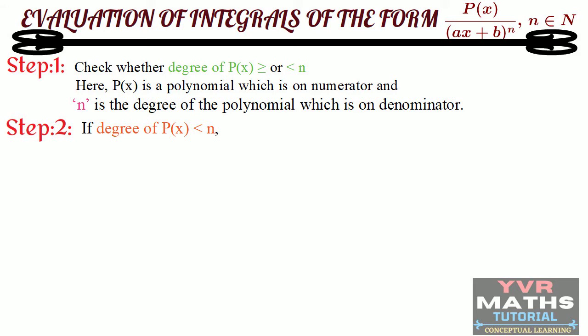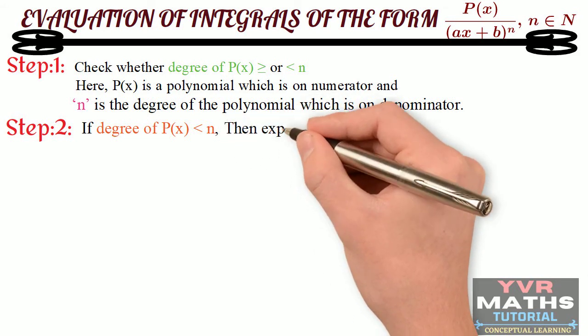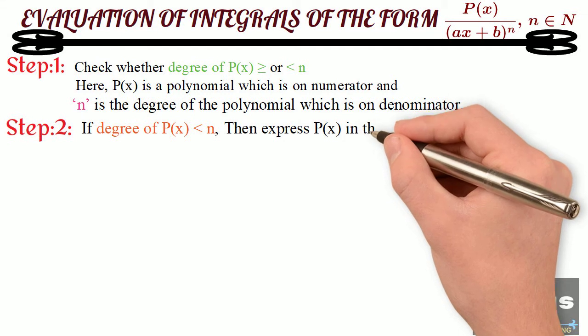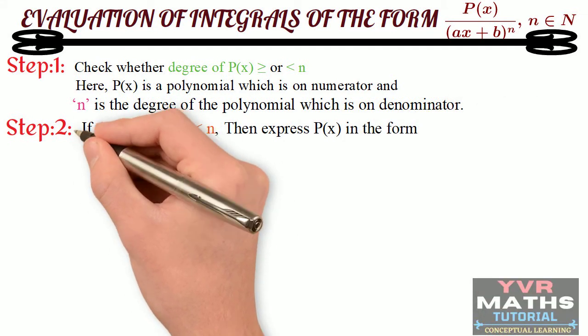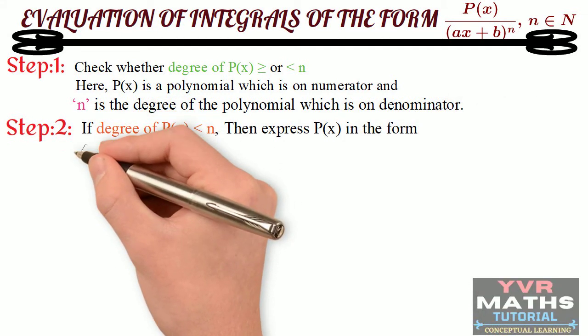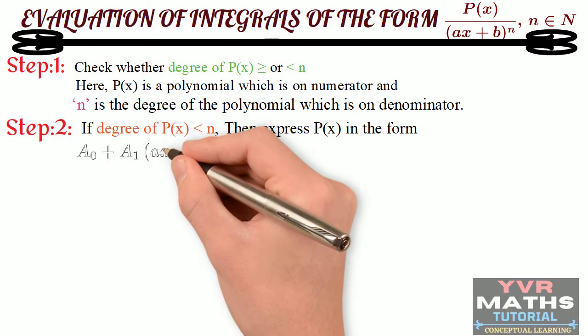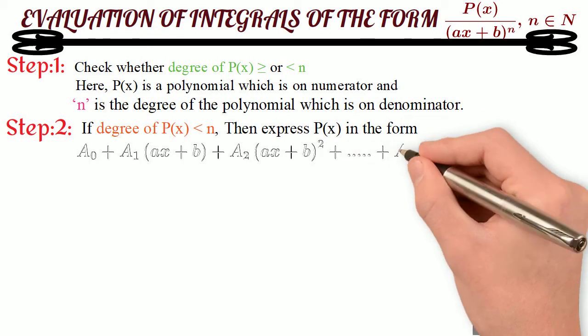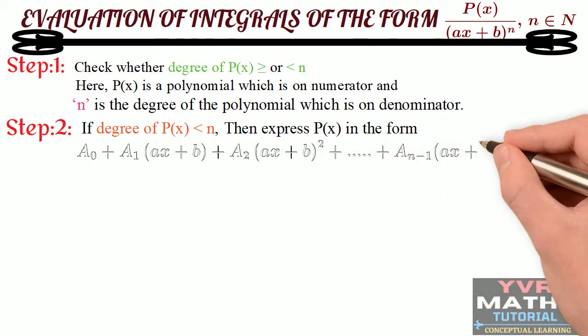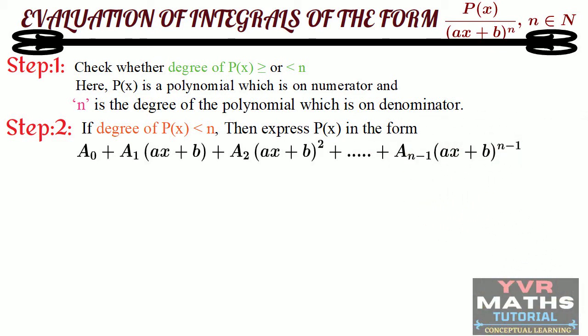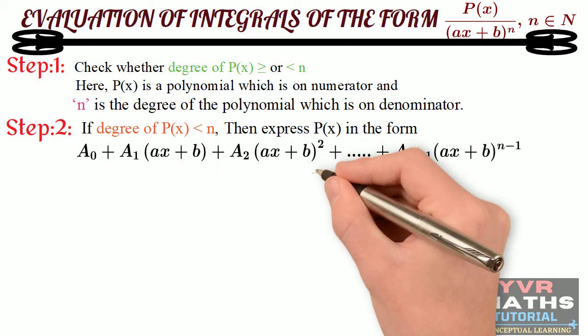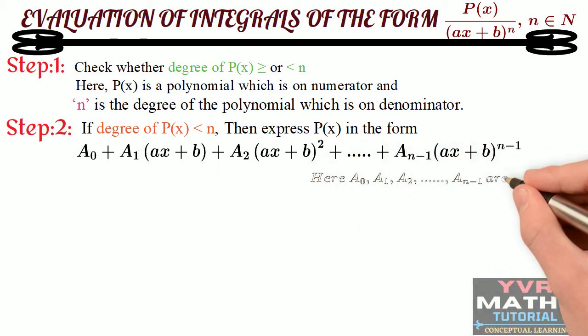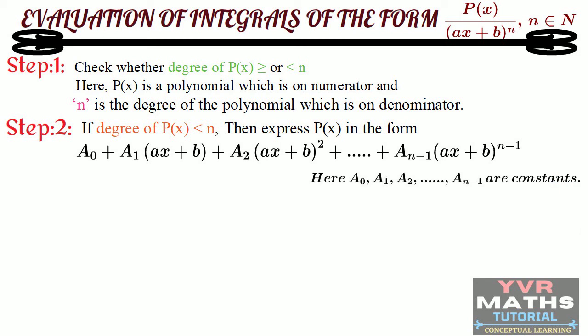Express the numerator part p of x in the following form: a0 plus a1 into (ax plus b) plus a2 into (ax plus b) whole square, plus so on, up to an minus 1 into (ax plus b) whole power n minus 1. Here a0, a1, a2, up to an minus 1 are constants. After getting this expression, what to do?